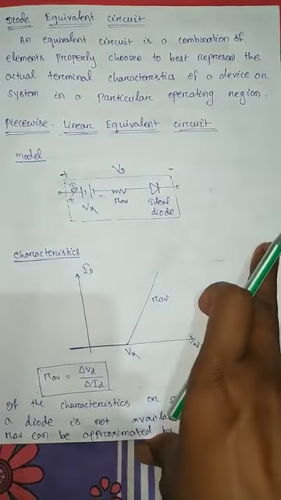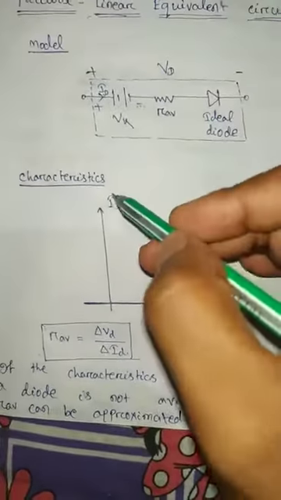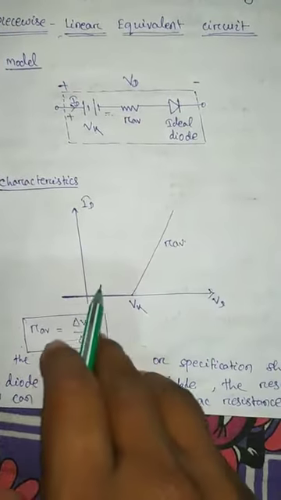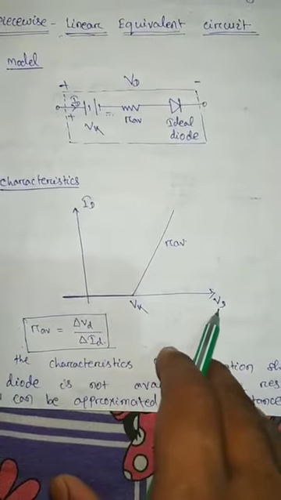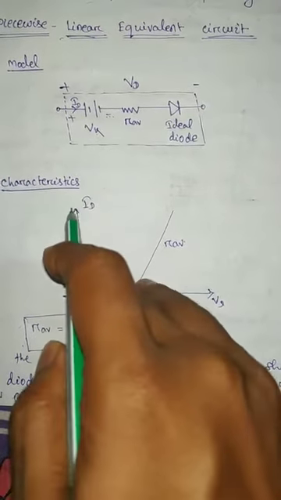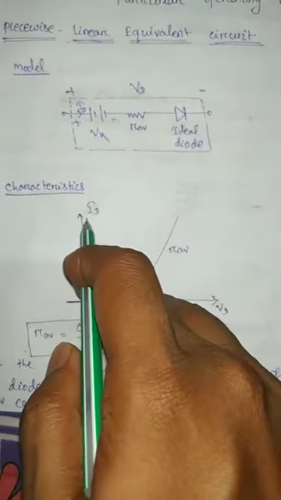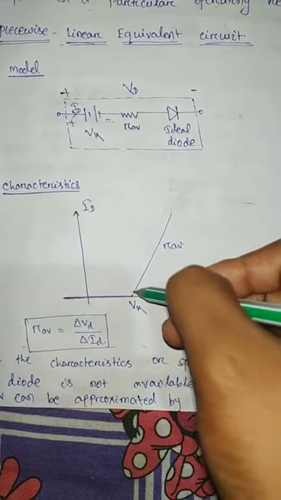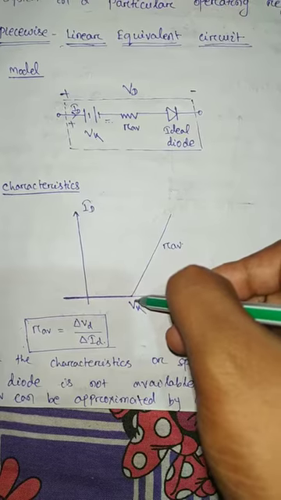Now let's come to the characteristics graph for the piecewise linear circuit. The x-axis represents the supply voltage Vd, and the y-axis represents the diode current Id. This is Vk, the knee voltage or barrier voltage.